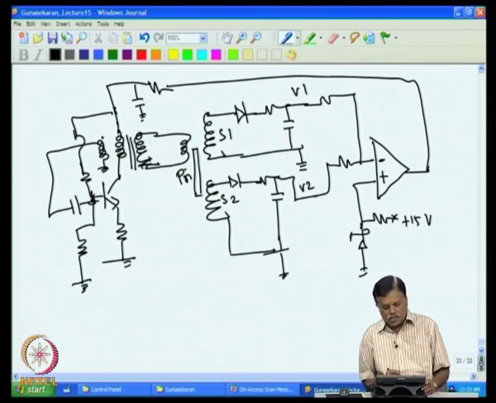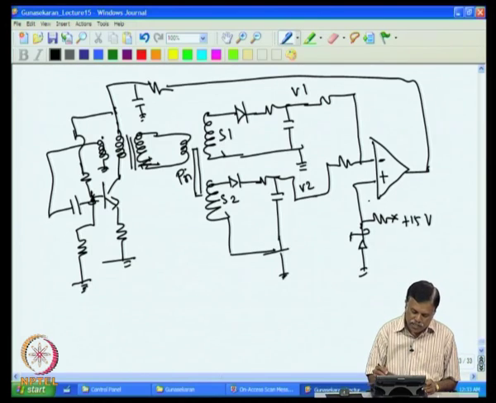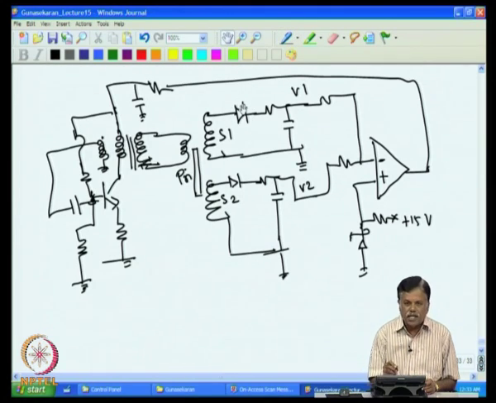Now, this is the basic circuit. What we are trying to do is rectify this and get a DC voltage here, rectify this and get a DC voltage here. Now, there is one issue in this rectification, mainly because we are using a diode here. If you are using a diode here, then this will drop 0.6 volt all the time, and this 0.6 volt also changes with temperature.